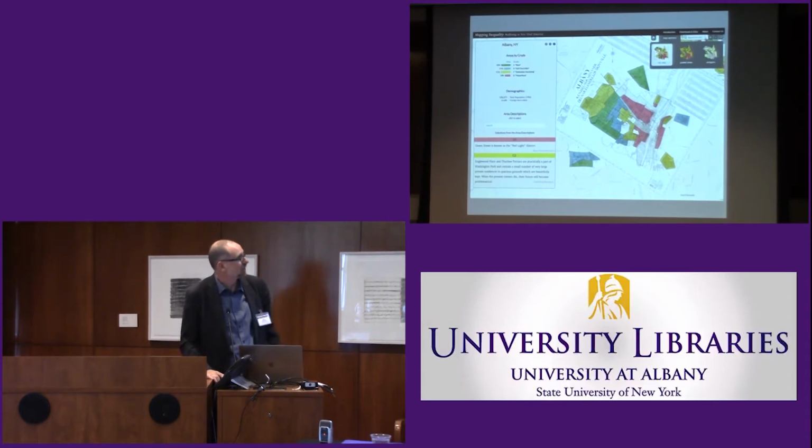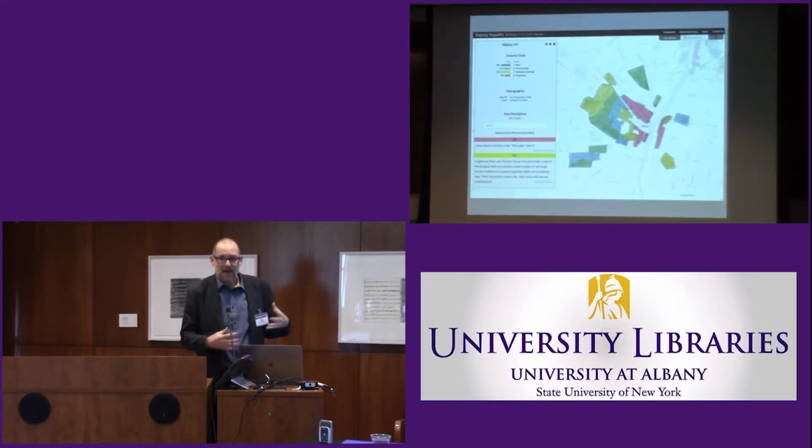So we see Albany, and a little bit to the north you can see a little bit of Troy peeking out. But we've got this as data now, so we can overlay it on the modern streetscape. We're trying to bring the past and the present into conversation with one another and help people orient themselves, so it's both practical and a gentle interpretive prompt to see the impact of the past upon the present.